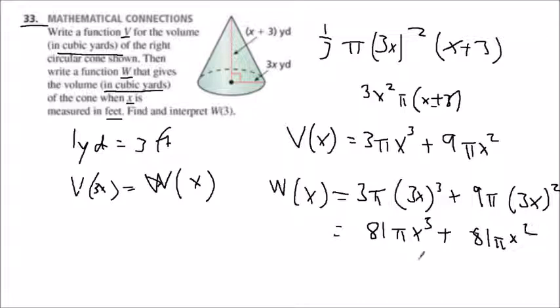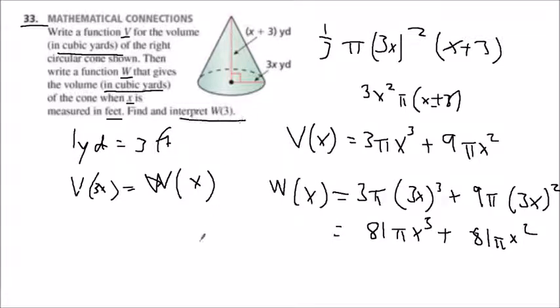Did I do that right? Okay, I did that right. 81 pi x cubed plus 81 pi x squared.